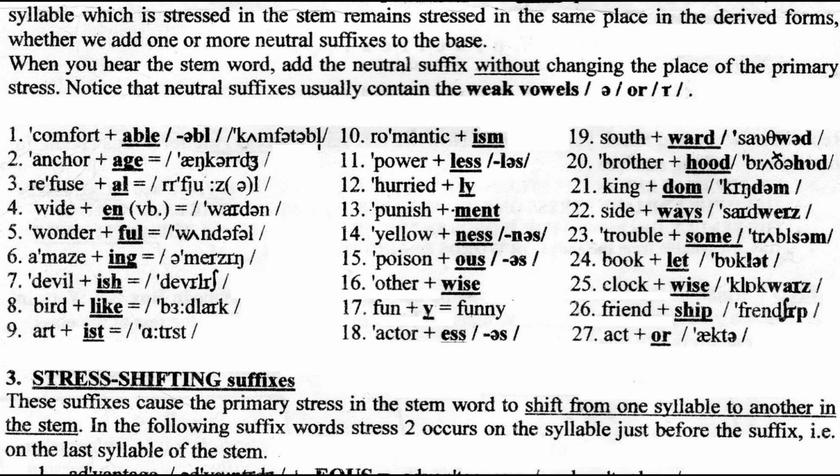Actor plus ess, actress. South plus ward, southward. Brother plus hood, brotherhood. King plus dom, kingdom. Side plus ways, sideways.